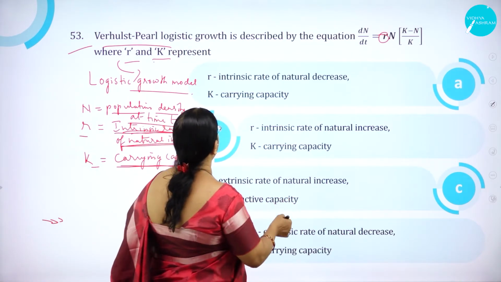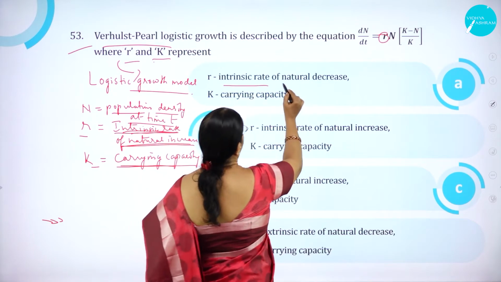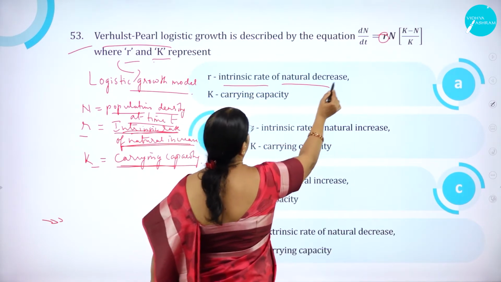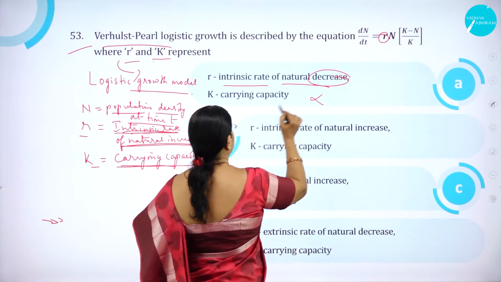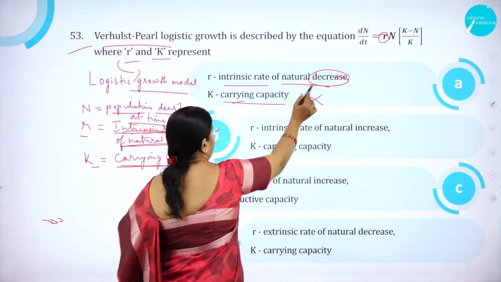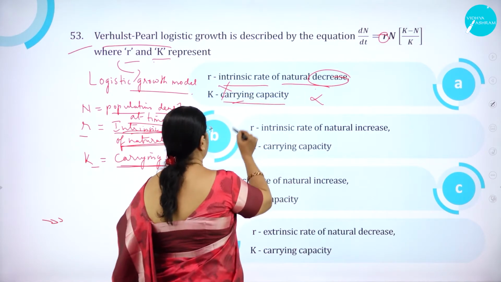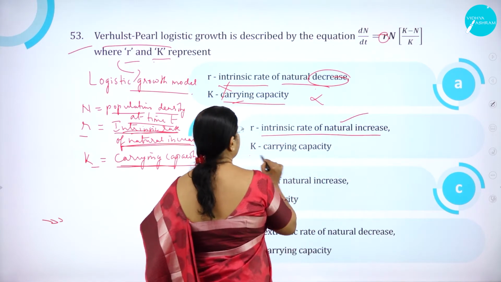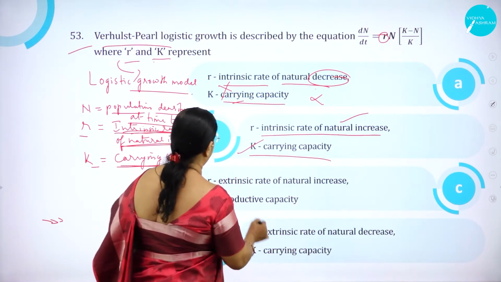So option A, r intrinsic rate of natural decrease, K carrying capacity. K is correct, but this is wrong, so A is wrong. B, r is intrinsic rate of natural increase, correct. K is carrying capacity, correct.